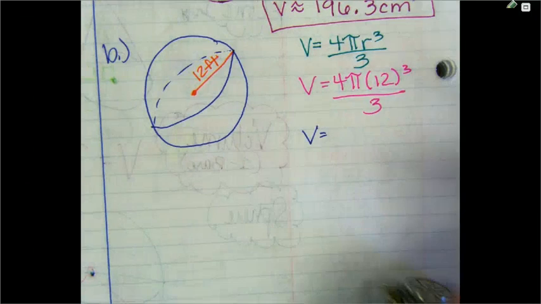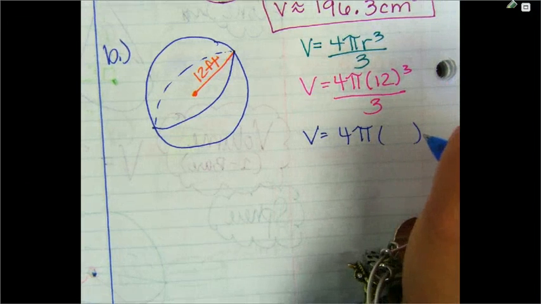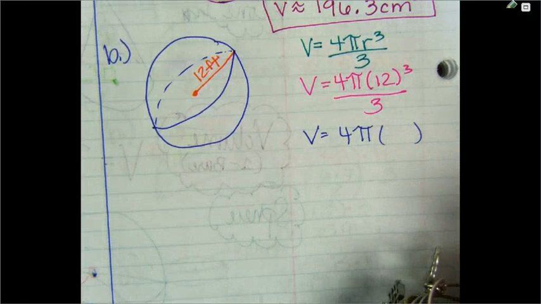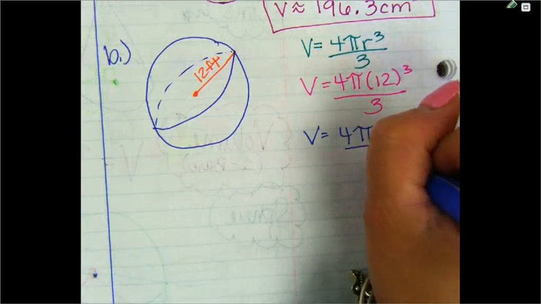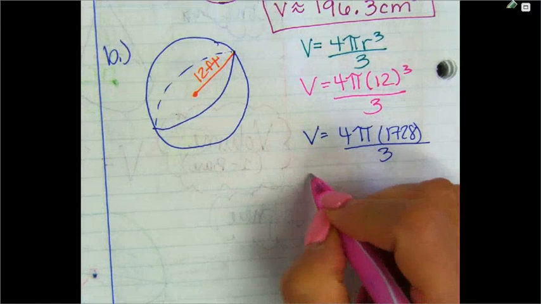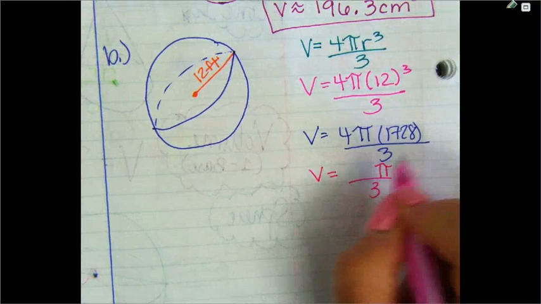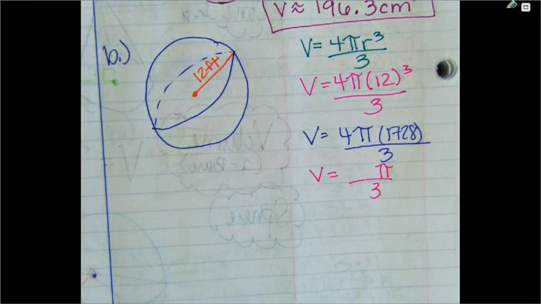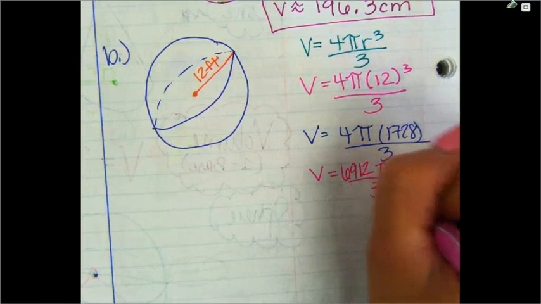You cube it, so we get 4 times pi times 1,728. Over 3. Before that, 6,912 pi over 3.